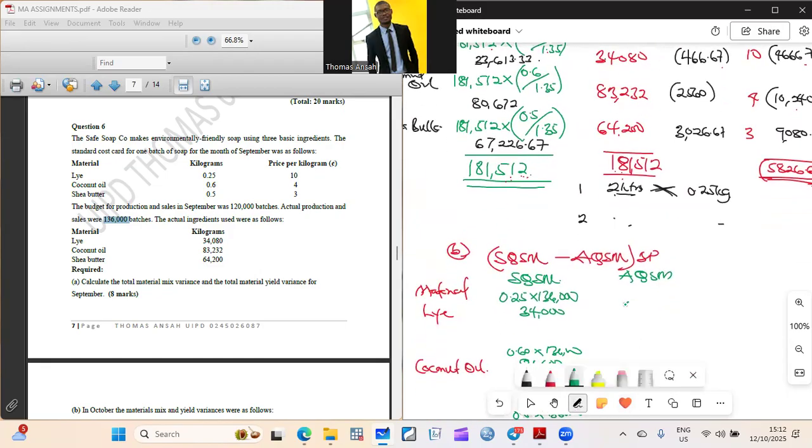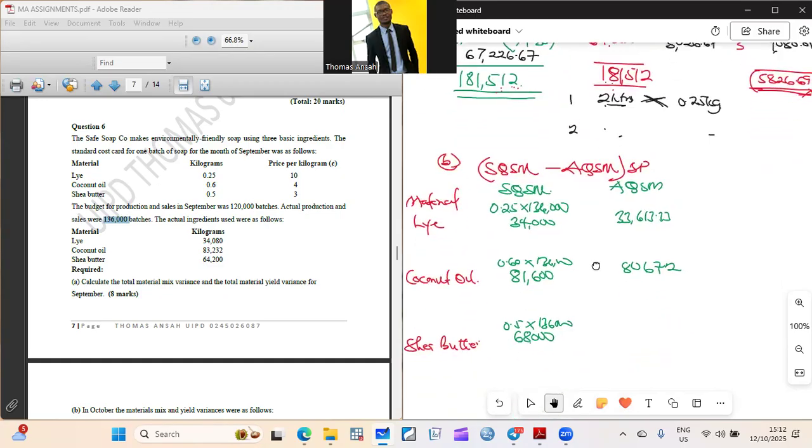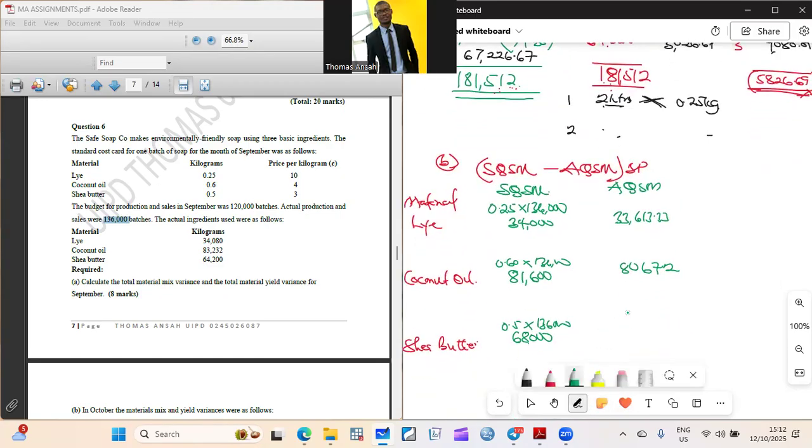This one is 33,613.33. This one was 80,672. Then the last one was 67,226.67.